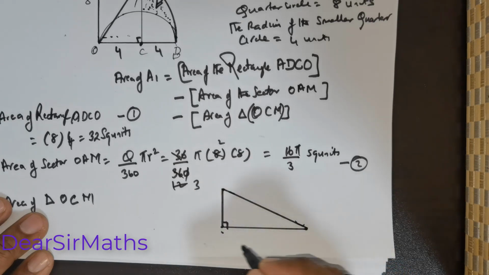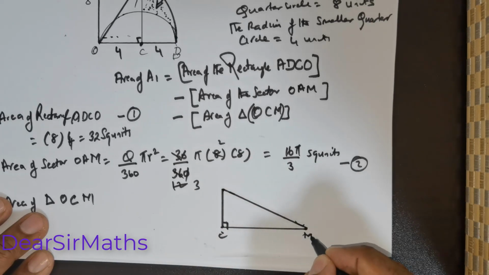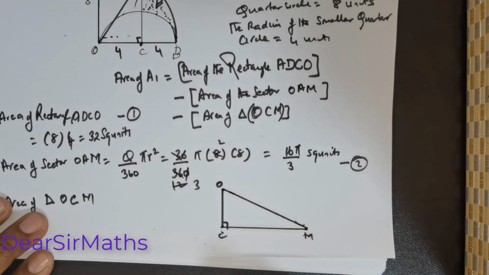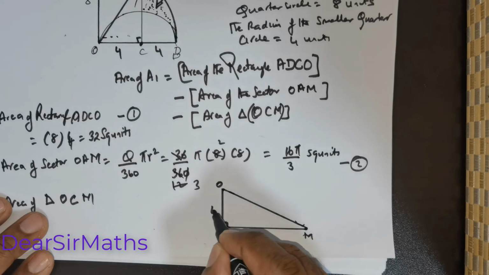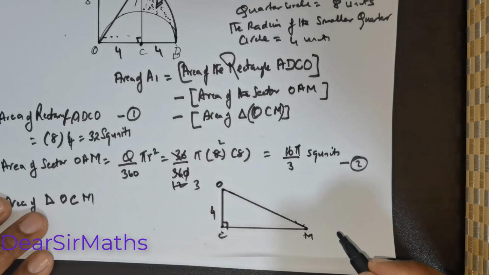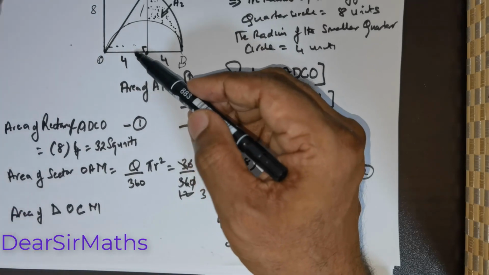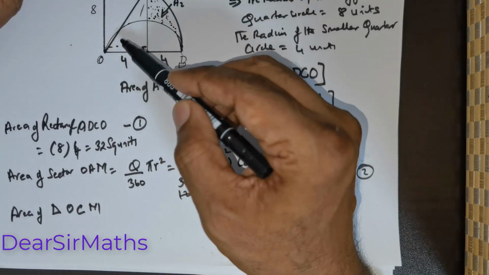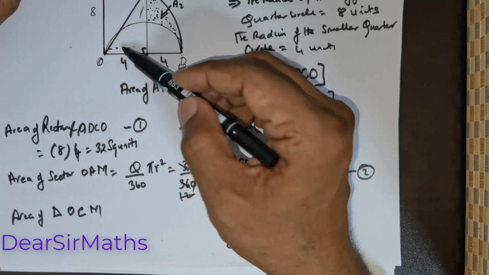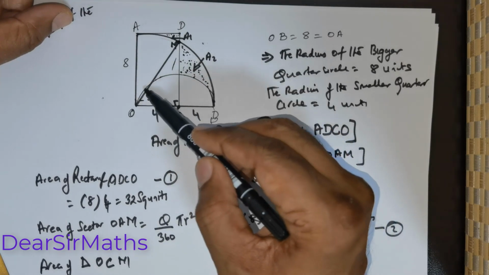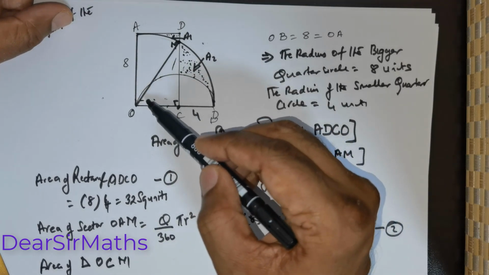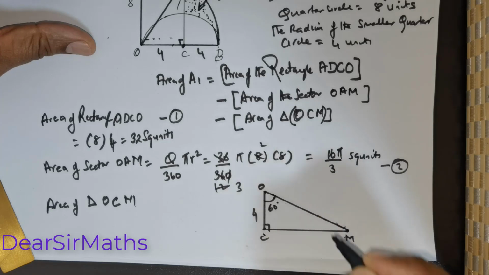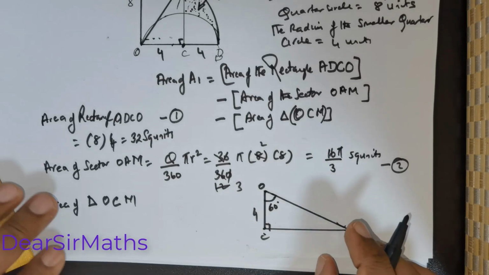This point is C, this point is M, and this point is O. Now OC is 4 units. I know this angle is 30 degrees, so this angle is going to be 60 degrees. So this is 60 degrees, right?